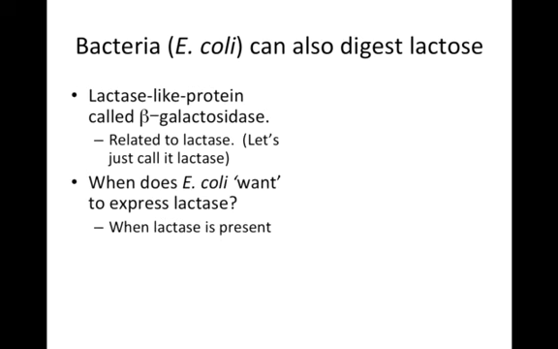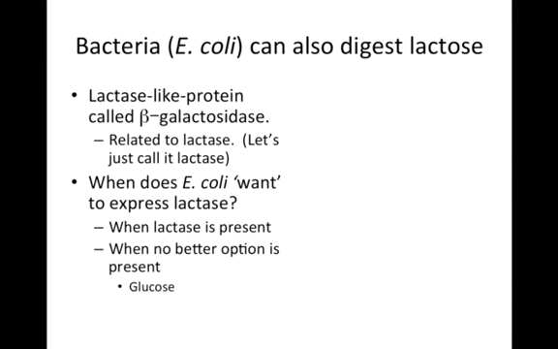And so similarly, just like us, where most mammals only drink milk for part of their lives and therefore only want to produce lactase for part of their lives, E. coli similarly can digest lactose but only wants to do it at certain times. So the first time it wants to do it is when lactose is present, and the second part of that is when there's no better option.